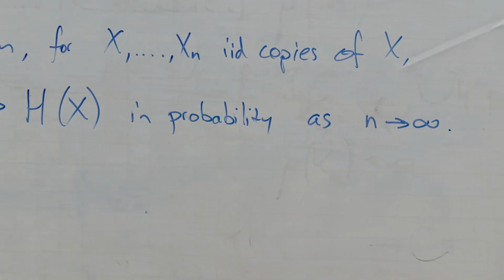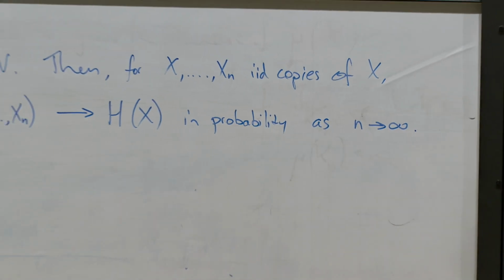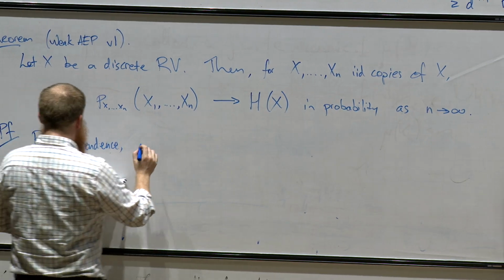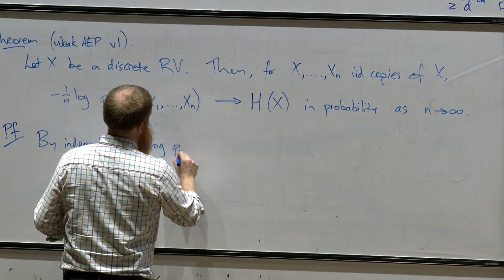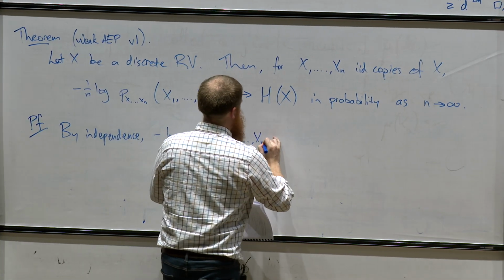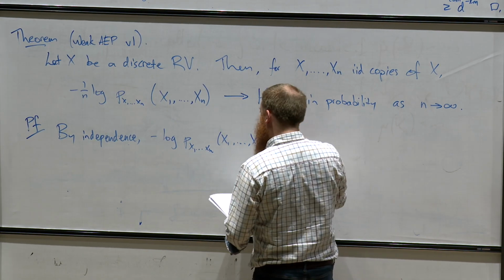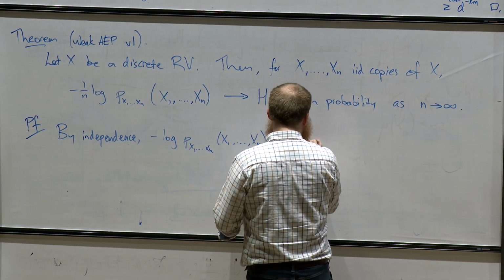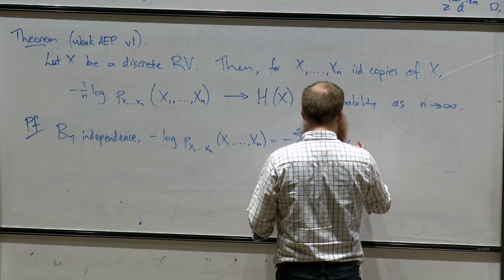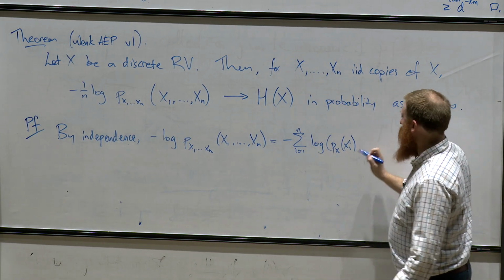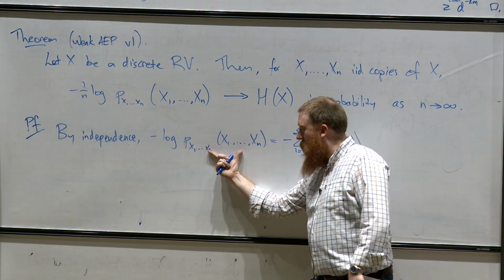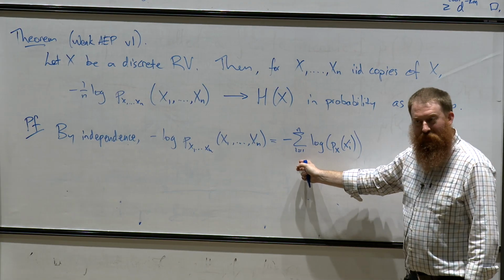Okay, so proof by independence. So minus log, let's write out this probability, x1 through to xn. And this is equal to minus the sum, i equals 1 to n, log p_X of xi. They're all IID, so they're independent, so I can just multiply the probabilities, hence add the logarithms of the probabilities together.